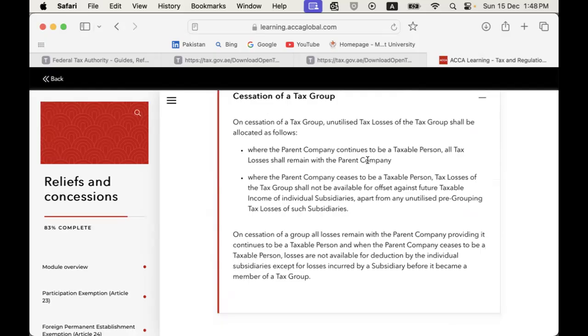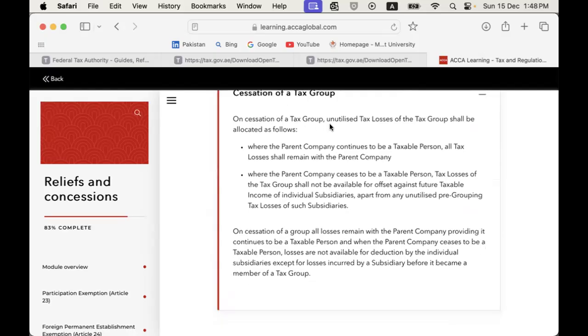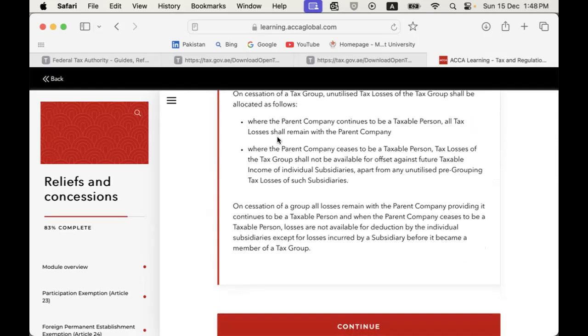Now, what about cessation of the tax group? On cessation of a tax group, this is a very important point. Unutilized tax losses of the tax group shall be allocated as follows. Where the parent company continues to be a taxable person, all tax losses shall remain with the parent company.